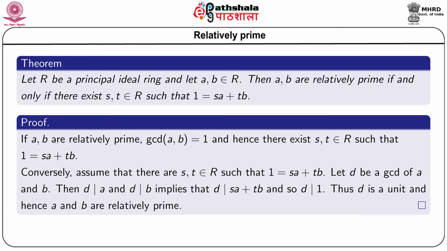For this, consider a GCD d of a and b, then d divides a and d divides b, which implies that d divides sa plus tb, and so d divides 1, which is equivalent to the fact that d is a unit in R, and hence it follows from the definition that a and b are relatively prime.